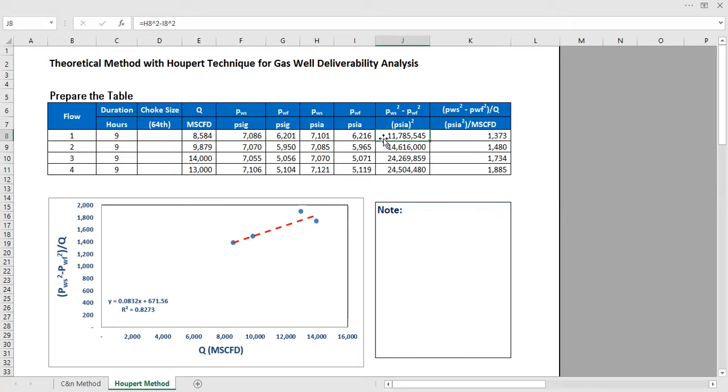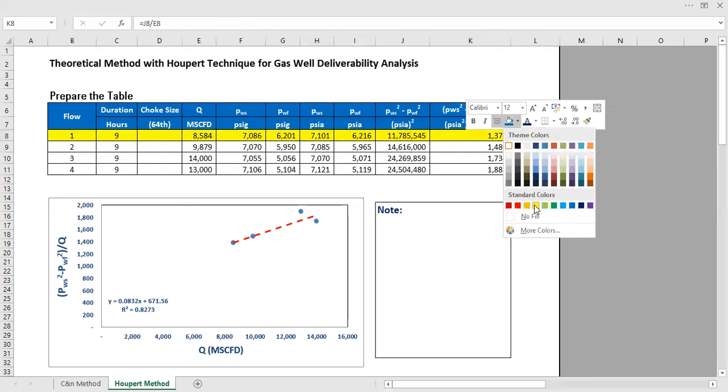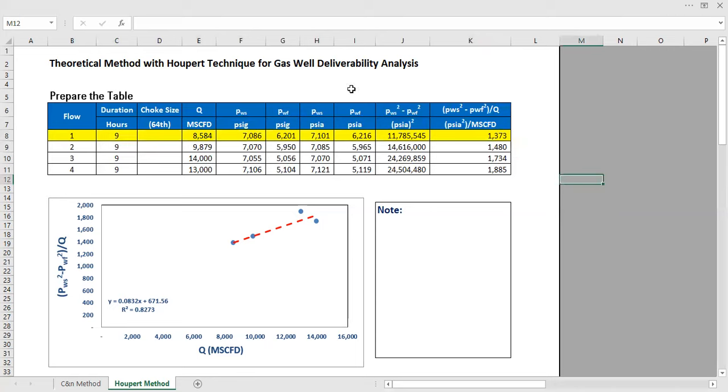Also for this theoretical method, I calculate this parameter, PWS squared minus PWF squared, and then divide by the flow rate. I just use this cell divided by the flow rate, this one. It's very easy.